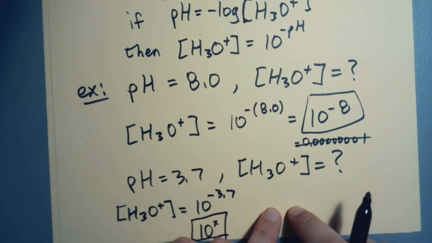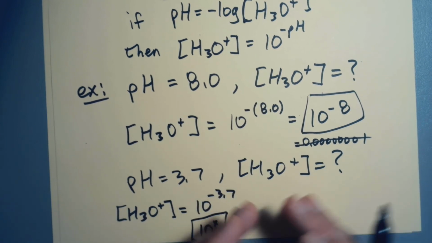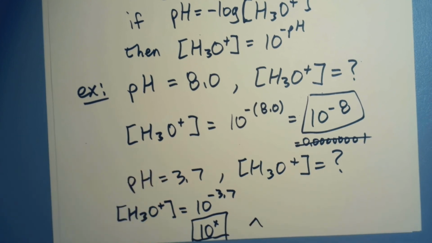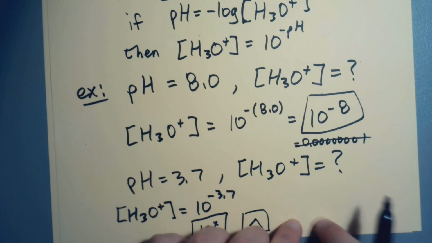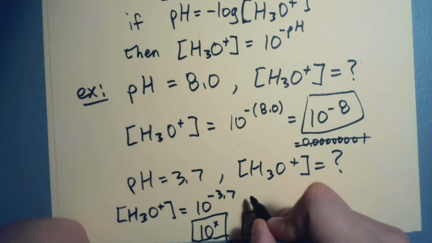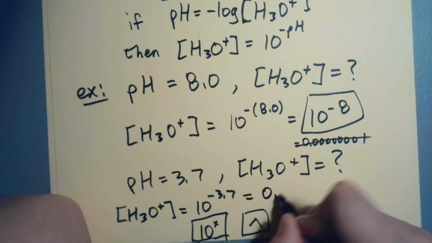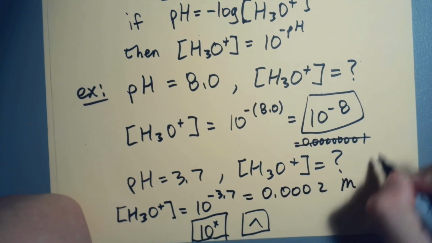Sometimes you input the negative 3.7 first, or sometimes you hit this and input the negative 3.7. Different calculators have different orders of how you do things. Or sometimes you see a caret button, in which case you'd go 10, caret, negative 3.7. And you should be able to get 0.0002. These are molar, by the way.